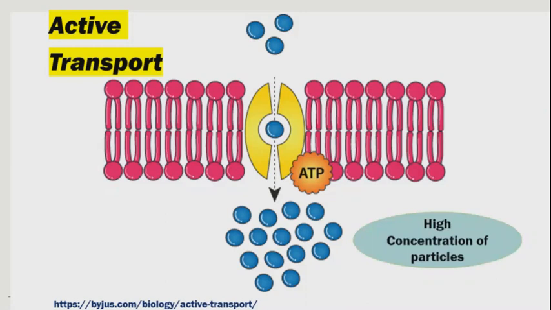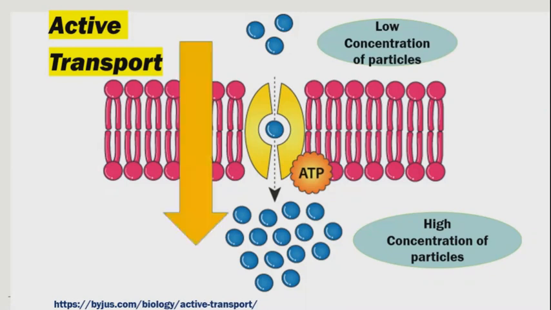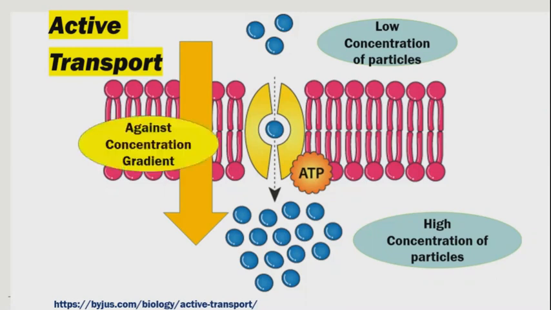And this goes against the concentration gradient. Active transport requires cellular energy to achieve this movement. Active transport is also achieved by carrier proteins, also called pumps, that use energy from ATP to move substances up their concentration gradient.